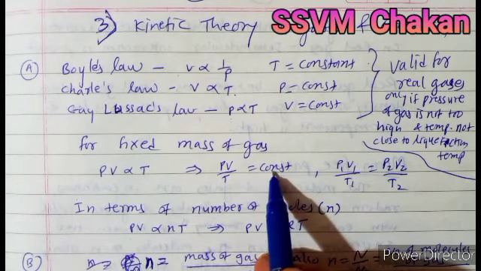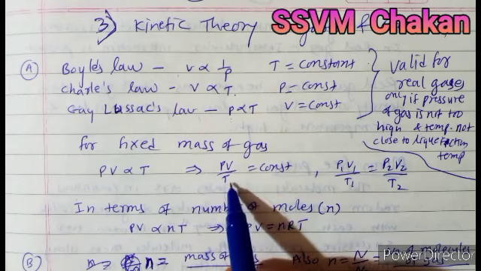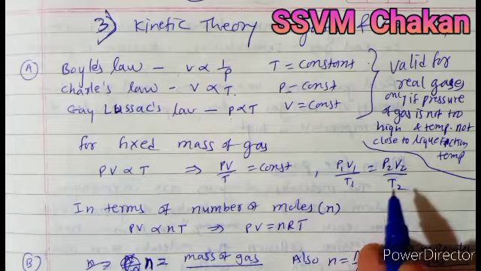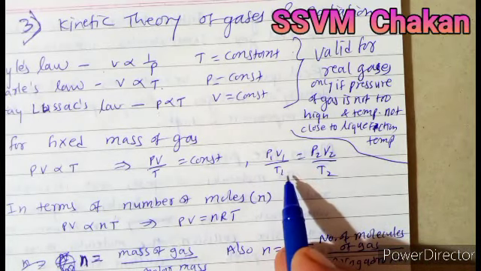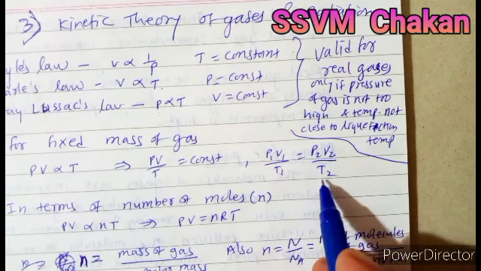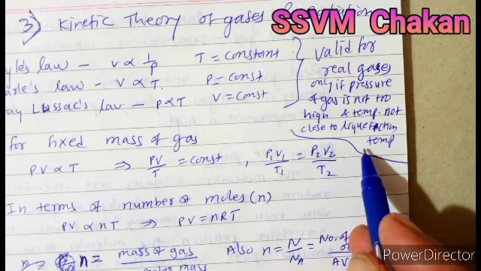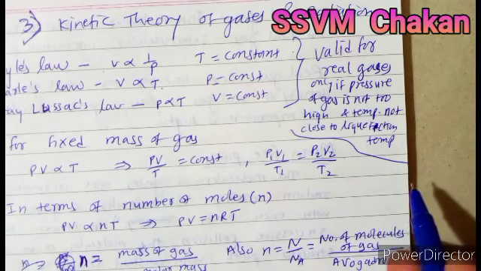That means P into V divided by T always remains a constant. As it always remains constant, we may write P1 V1 divided by T1 is equal to P2 V2 divided by T2, which is also equal to P3 V3 divided by T3, and so on.